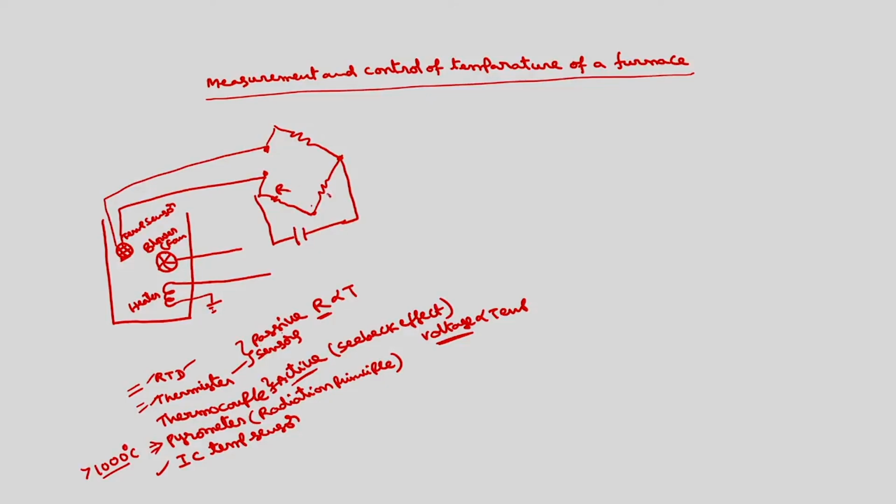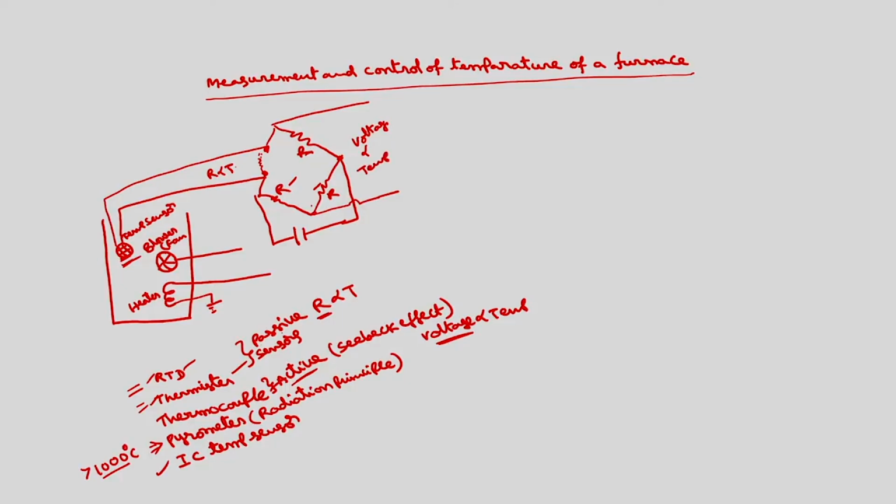These are R. We will assume that the resistance here is proportional to temperature. At room temperature, we assume that this resistance is equal to the other resistances, so that the bridge will be balanced, and if I take the output here, the output voltage will be 0. If the temperature is other than room temperature, we will get a voltage here which is proportional to the temperature.